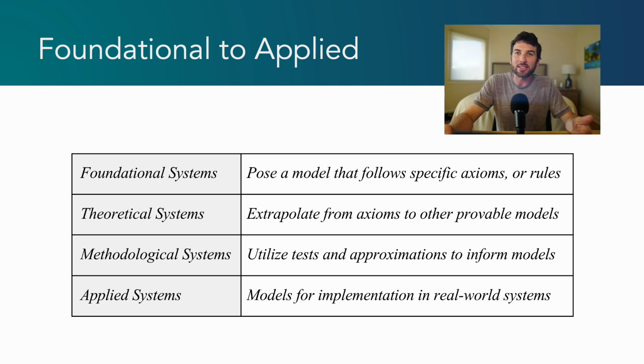So from the initial axioms, what are other provable models? Now, methodological systems are saying, let's actually test, let's actually do stuff in nature and use that to inform a model. So, for example, Euclid laid out some very initial axioms of geometry. Now, there are lots of theoretical proofs that one could make from that foundational system of geometry.